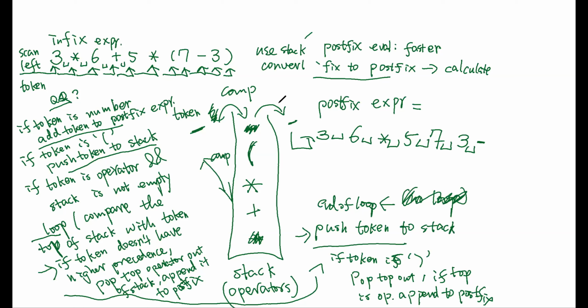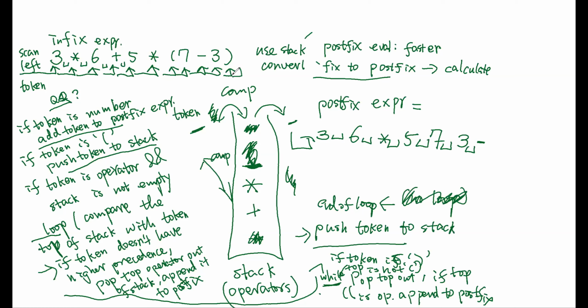You keep popping until you see the left parenthesis, so this is going to be in a loop. While top is not the left parenthesis, you keep doing this. And if it is a left parenthesis, you just pop it and drop it, because in postfix there is no parenthesis.